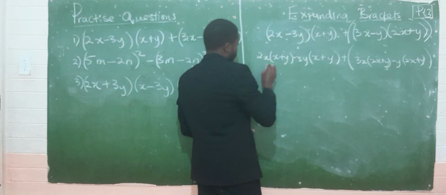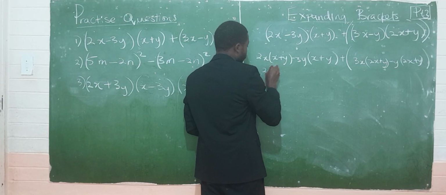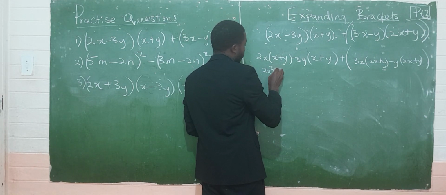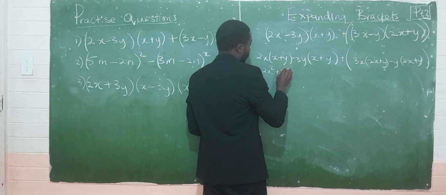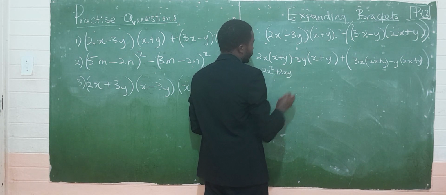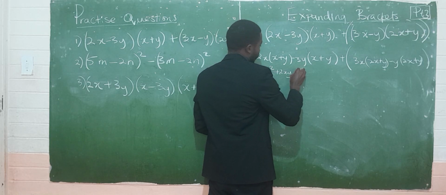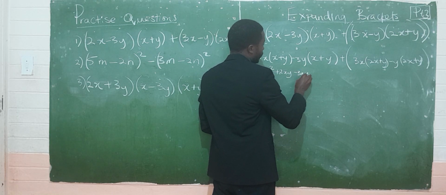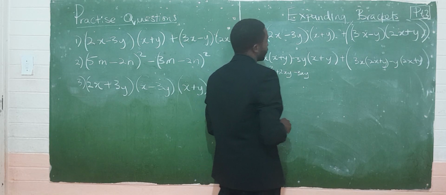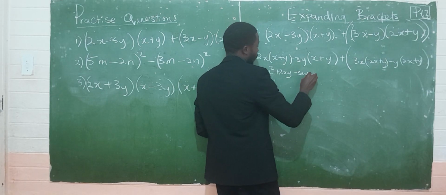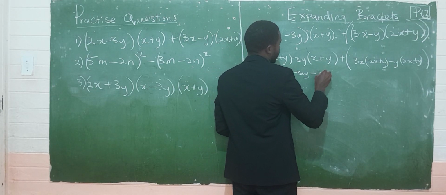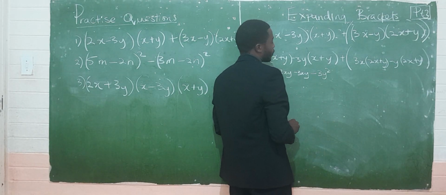2x times x, that's going to be 2x squared. And 2x times y, that's going to be 2xy. Minus 3y times x, that's going to be negative 3xy. And minus 3y times y, that's going to be minus 3y squared.